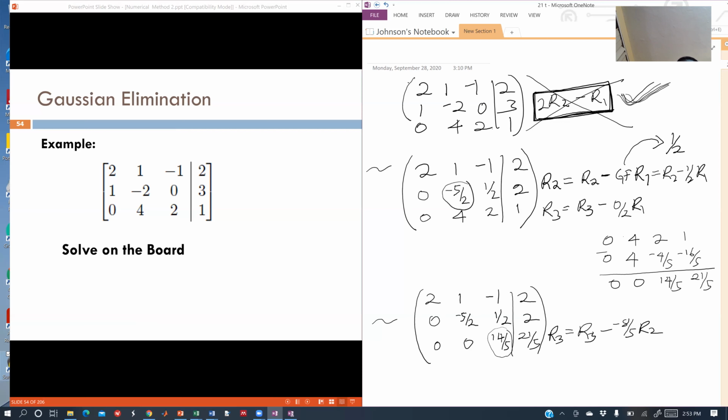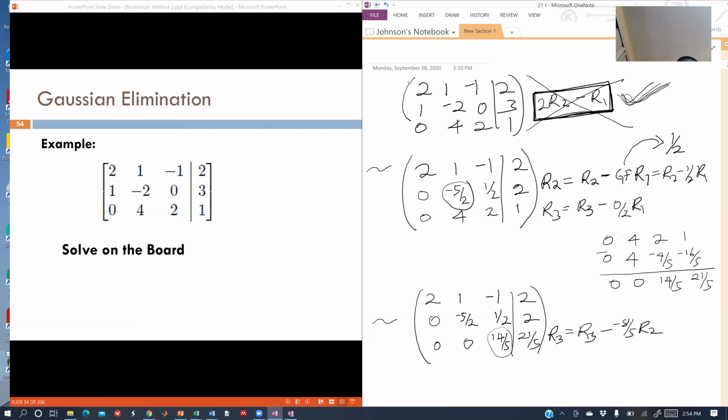And if the solution is unique, then the number of iterations needed to achieve your reduced form must be 1 less than the number of rows or the number of independent rows you have in the operation.